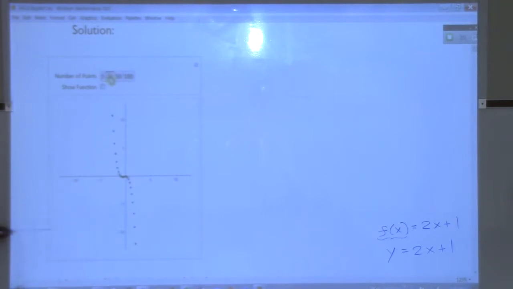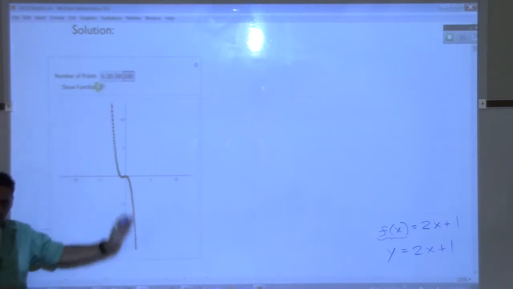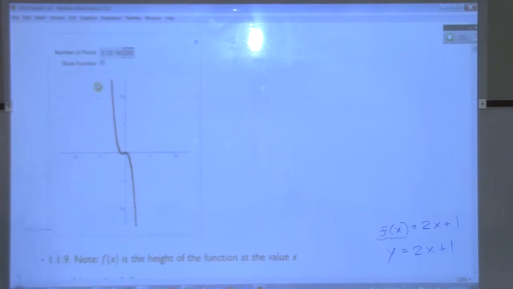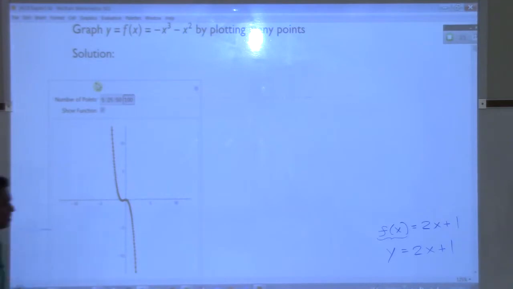Like making a t-table. You just keep on doing more points, and if you could do all of them, which would be impossible to do, but if you could plug in every single input out there, then you would get a curve, right? But really it's all these points. So it's a bunch of inputs and outputs visualized.